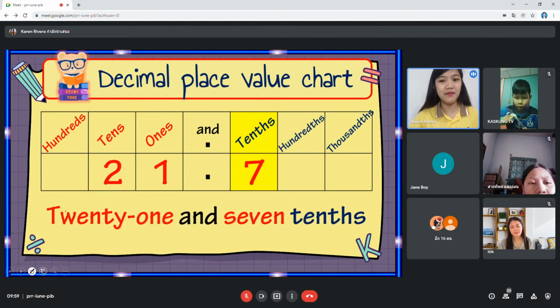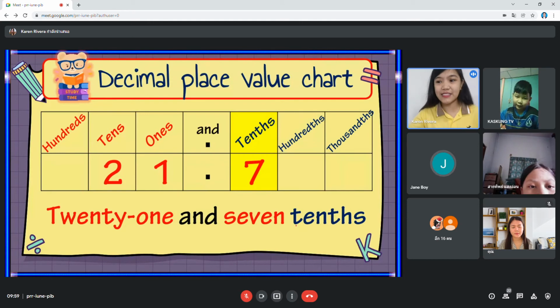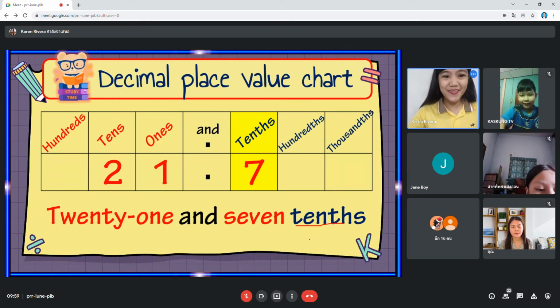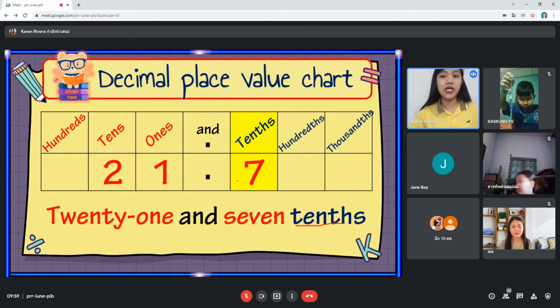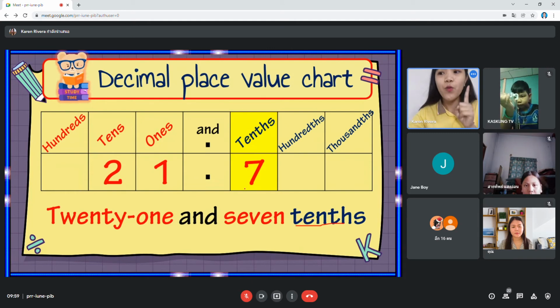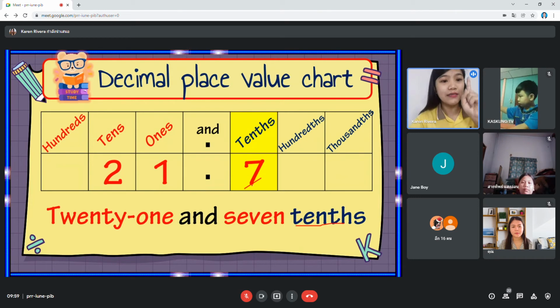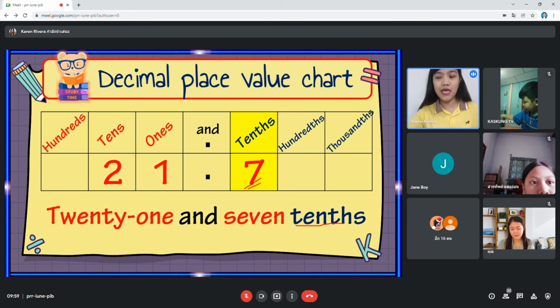Here, this is how you are going to read it. Can you read it for me? 21 and 7 tenths. Can you say it? Tenths. Are you correct, Kasanapon? Correct. Very good. So, teacher, why tenths? Because we only have one decimal place. Remember, if only one decimal place, what is it?